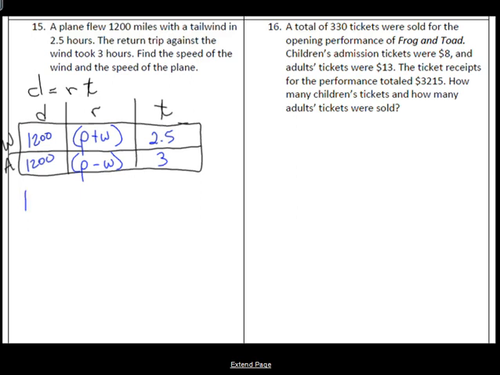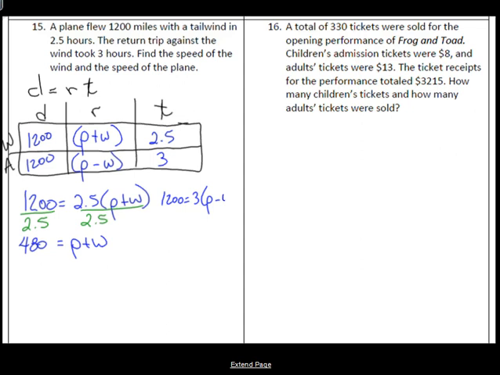So my first equation is 1,200 is equal to 2.5 times P plus W. Well, I can get rid of the 2.5 on the outside by dividing both sides by 2.5. So I'm left with here P plus W is equal to 480.